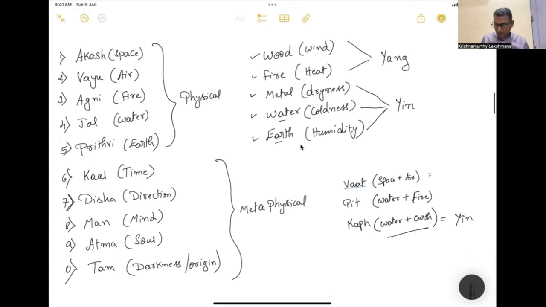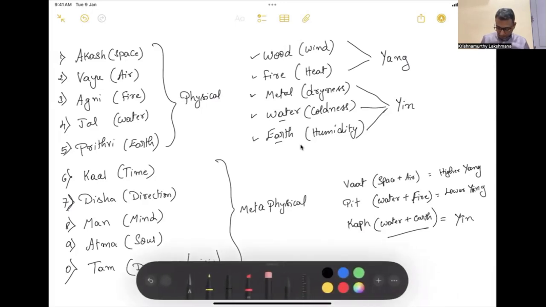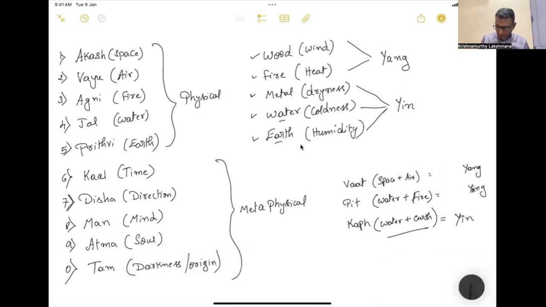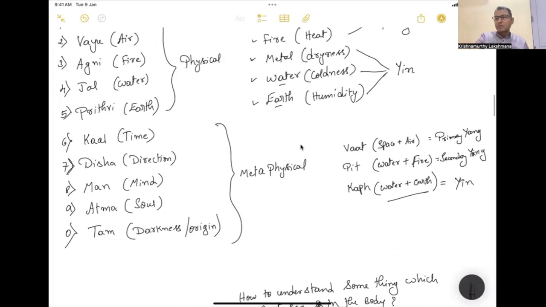Vat is higher yang and Pit is lower yang. Can I say this? Or primary and secondary, can I say? Yes, sir. So this is primary yang. This is secondary.